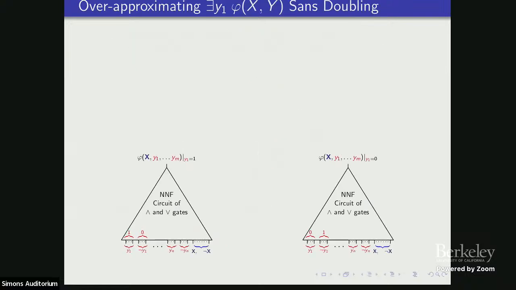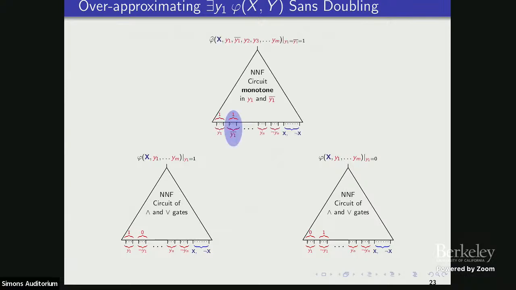So this was our picture earlier, that we had an NNF circuit where I was setting the variable to 1 and 0. And now what I'm going to do is take this positive form where instead of y1 and negation y1, there is y1 and y1 bar. And here I was setting them to 1, 0 and 0, 1. And here I'm going to set them both to 1, 1.